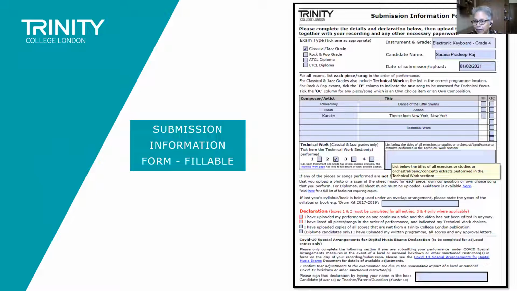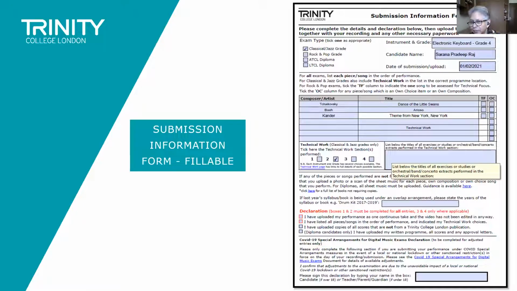I've chosen to play my pieces first. Tchaikovsky's Dance of Little Swans, then Arioso, and then Theme from New York, New York, after which I will do my technical work. So I have listed technical work below that. Just the word technical work. That's it. If you want to do your technical work before, put it right on top and then list your pieces.